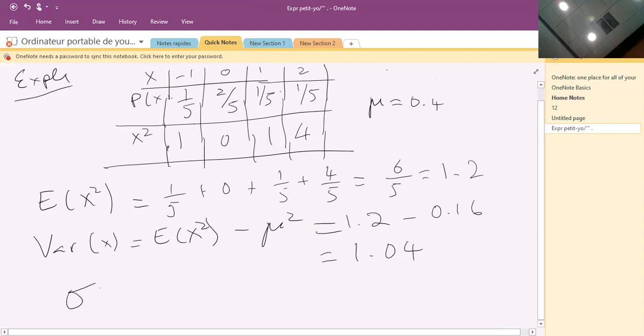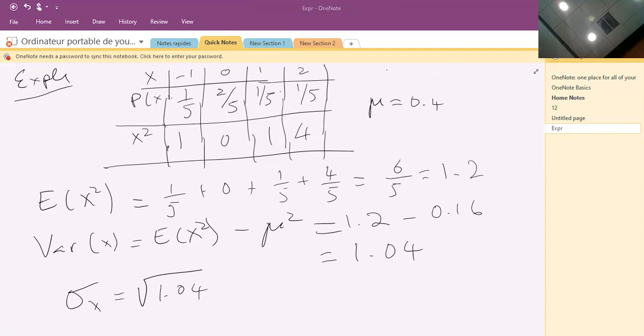And the standard deviation of X is the square root of 1.04, which is, let's just say, 1.02.